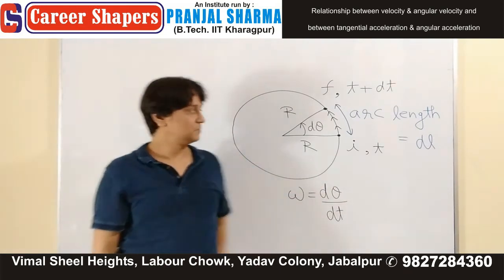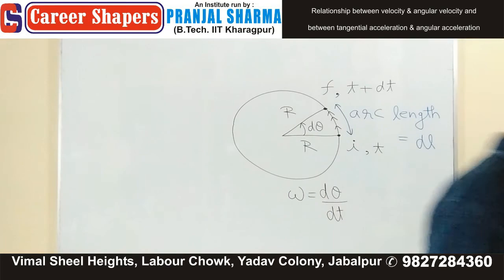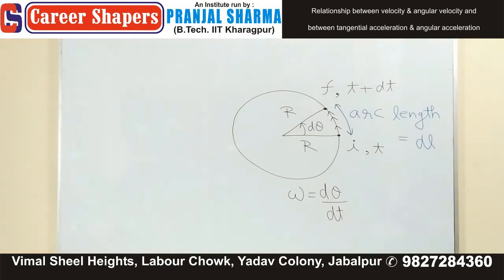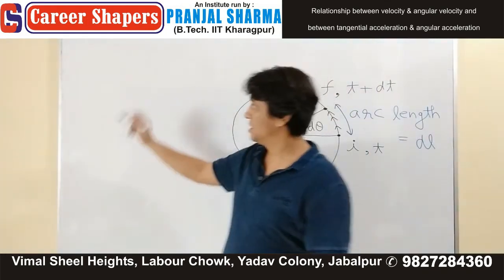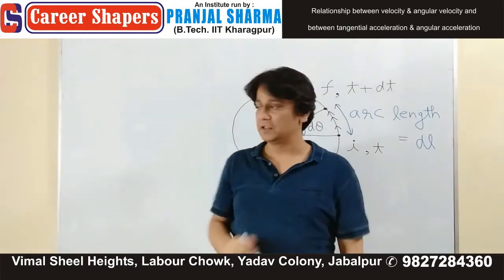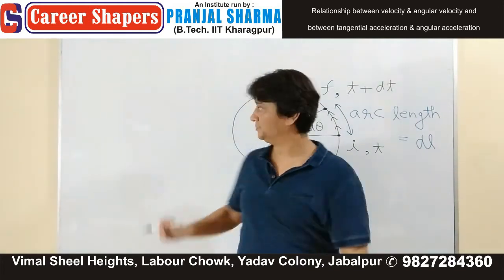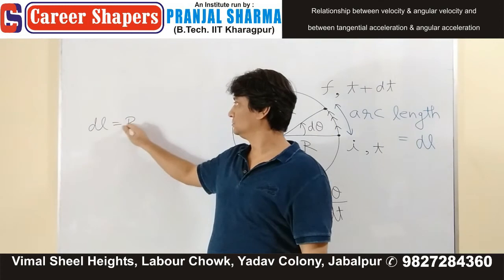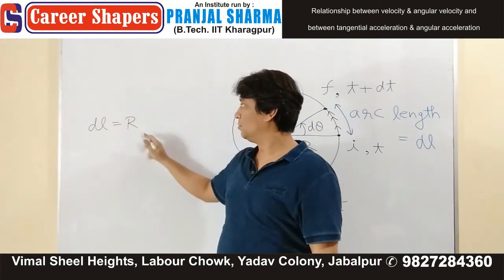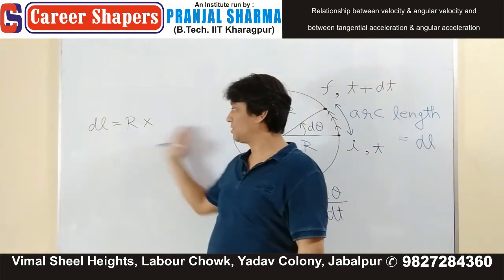If somebody has the idea of arc length, then write down the formula for arc length. Let's see if you know about these things. Good. Write down the formula. Arc length is radius multiplied by, write down the statement and then you will write this.